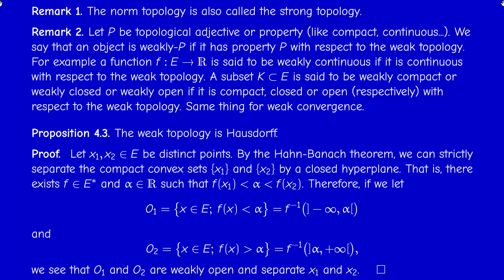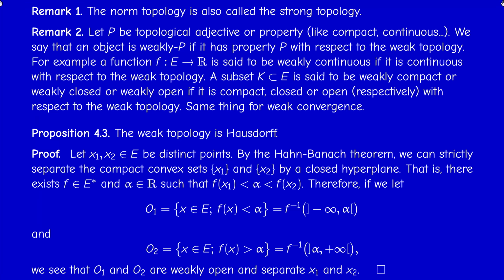Now I take O1 to be the set of x whose image under f is strictly less than alpha, which is the inverse image under f of the open interval minus infinity to alpha, and O2 to be the set of elements whose image under f is strictly bigger than alpha, which is the inverse image of the open interval alpha to plus infinity.